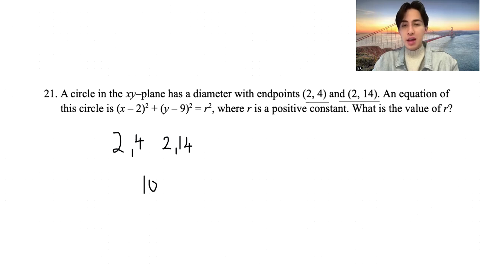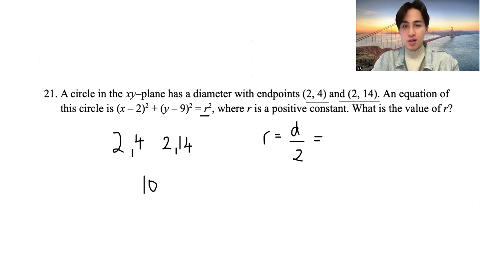So that means the diameter has a length of 10. Now, we know that r represents the radius, and the radius is just half of the diameter. Since the diameter is 10, we just do 10 divided by 2 to get 5.